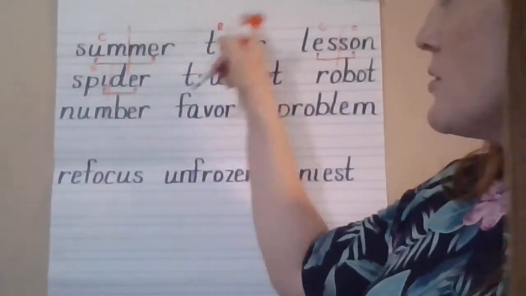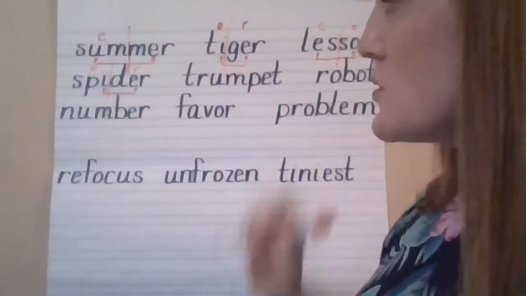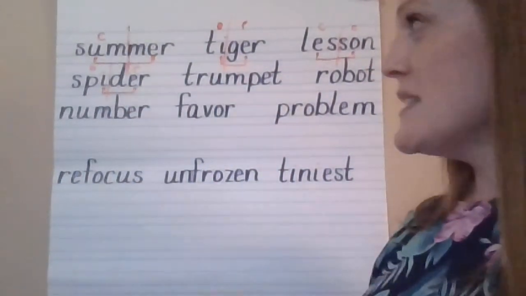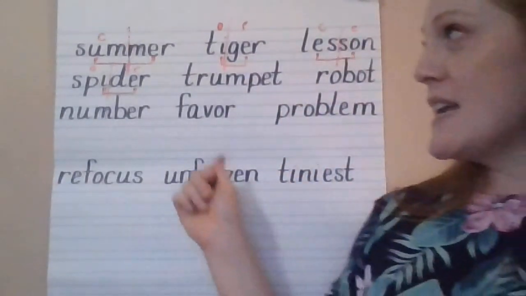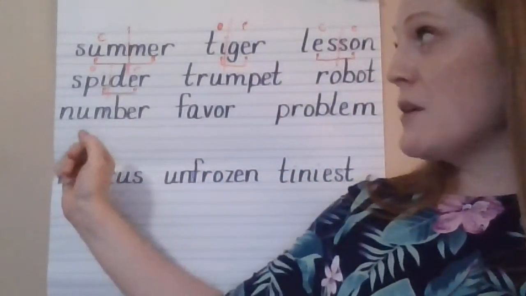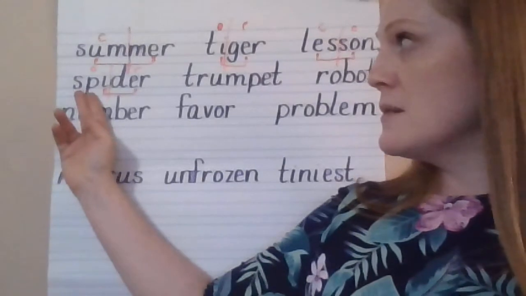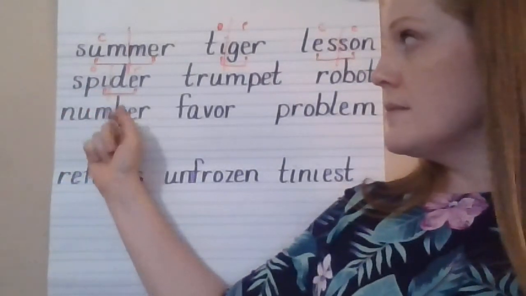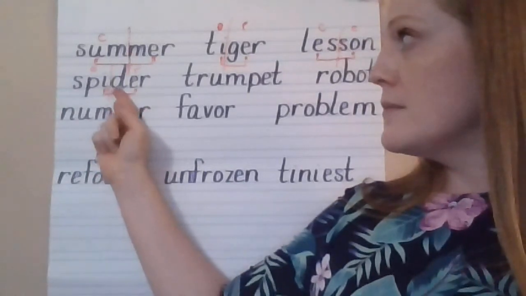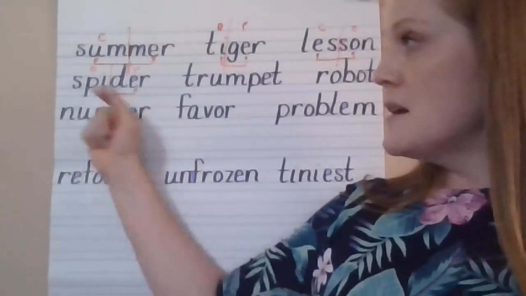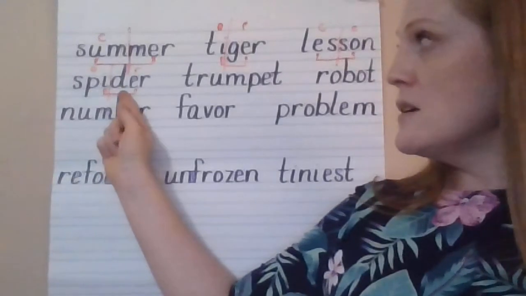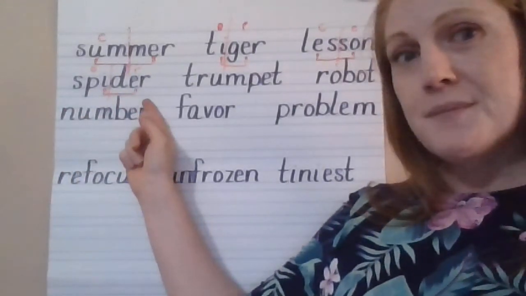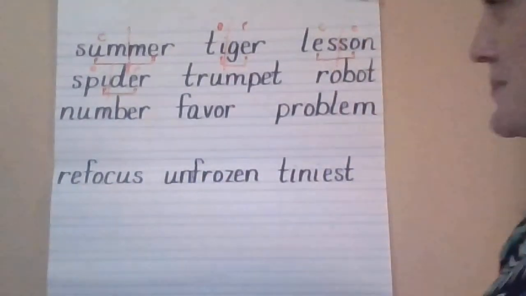This is another one of those R-controlled syllables. We're going to keep those together. As I point to the letters, I want you to say the sounds that they make. Ready? Keep the SP together. So we should have spider. Put them together. What's your word? Spider. Very good.